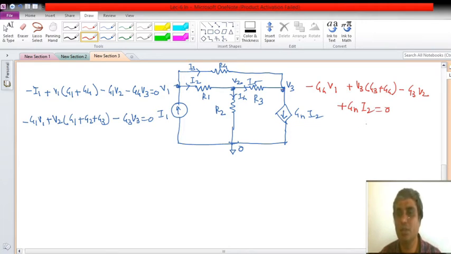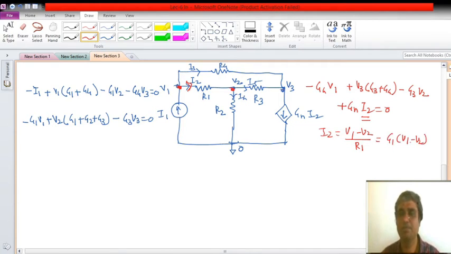Now I would like to express everything in terms of V1 and V2. I2 is not the current coming from the current source, so it will be the potential difference between V1 and V2. So I2 will be V1 minus V2 upon R1, which will be equal to G1 times V1 minus V2.